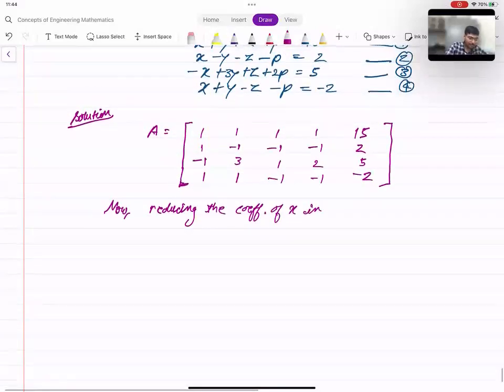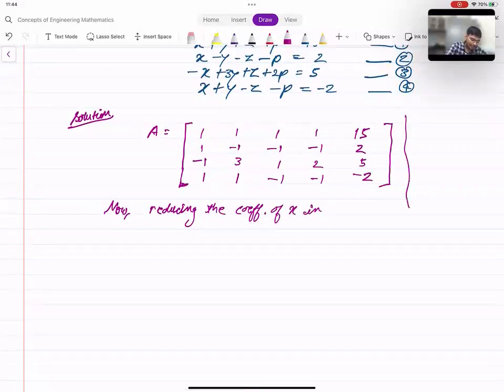Again, here our variable matrix will be in this order only. Okay, so x, y, z, and p. So our first variable is x. That's why we are assuming that the first coefficient of the first row is of x.